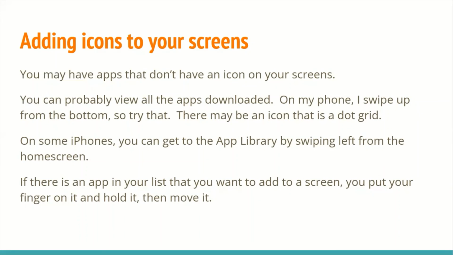Some ways of doing that are to swipe up from the very bottom, or there may be an icon that's a dot grid. On an iPhone, you can get to an app library by swiping left from the home screen. But if you can get an app list and you see something that you have on your phone but you don't have an icon for, you should just be able to put your finger on that icon and hold it, and then it should let you move it to your screens.